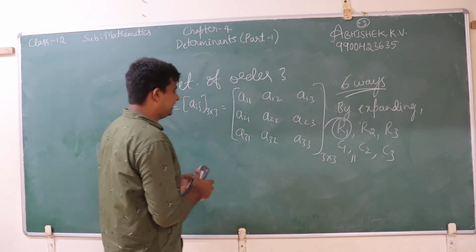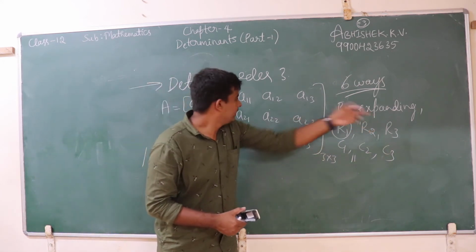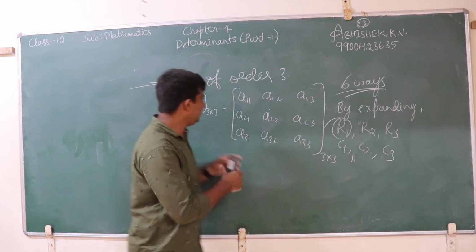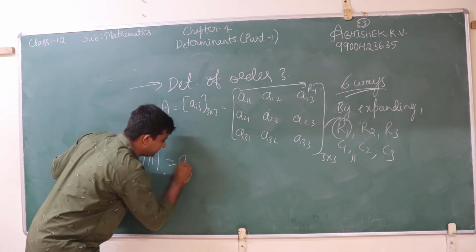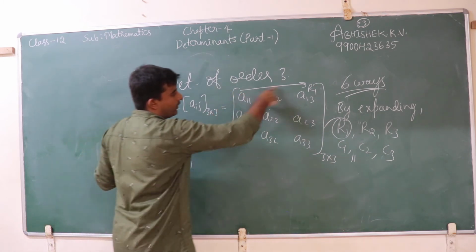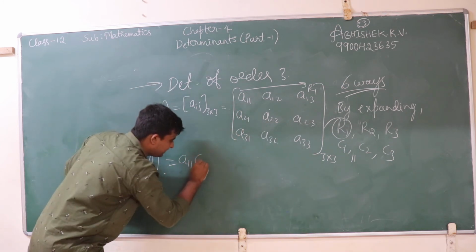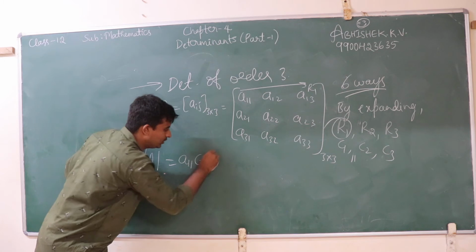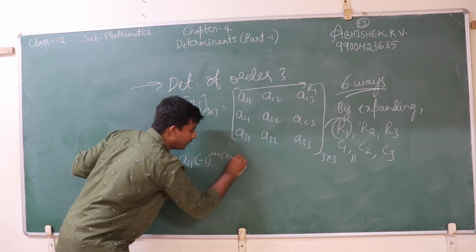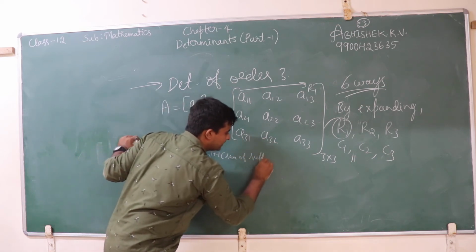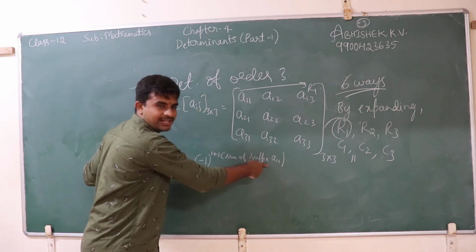Let us consider the procedure. If I consider expansion along R1, first we consider the first element, that is first row, first column. This is multiplied by minus 1 to the power of the sum of the suffix of A11.